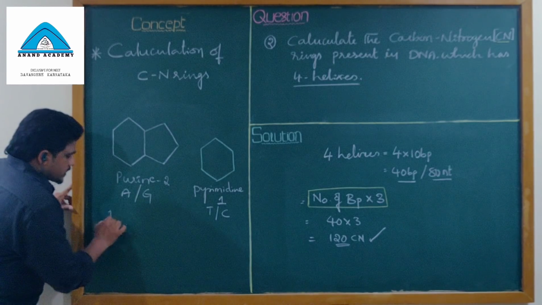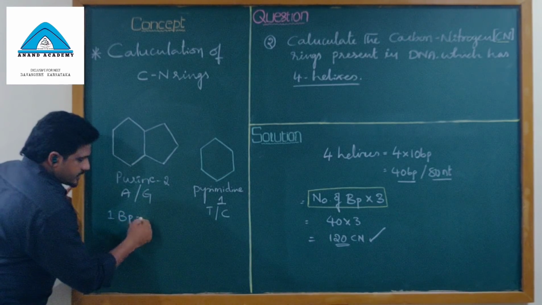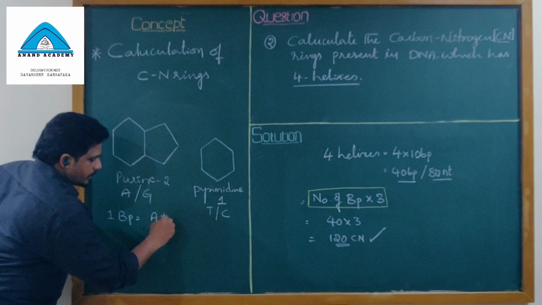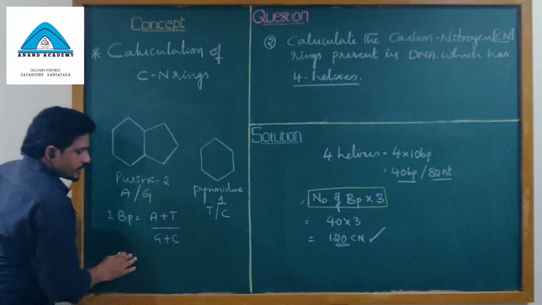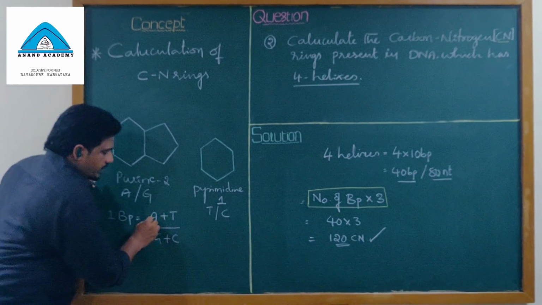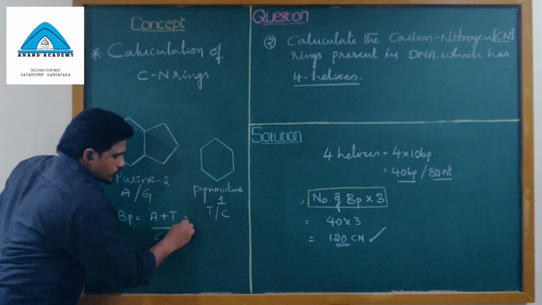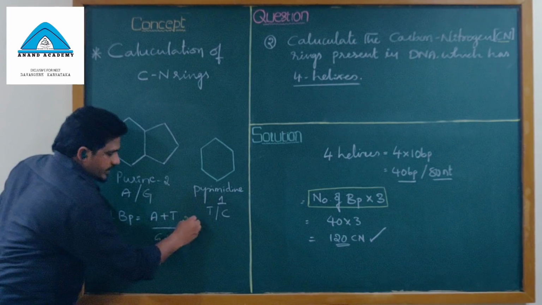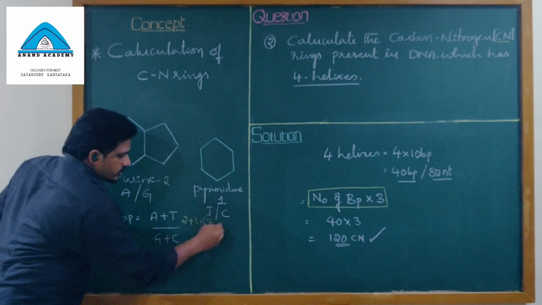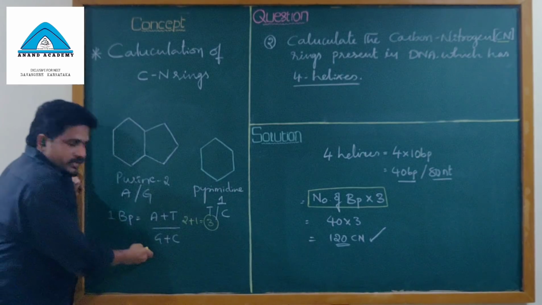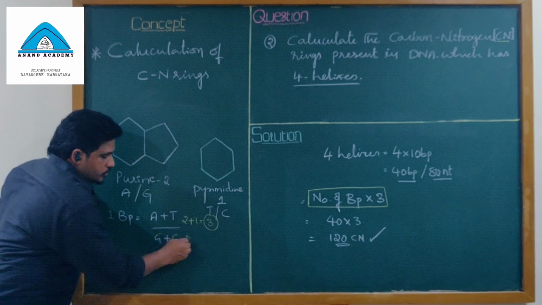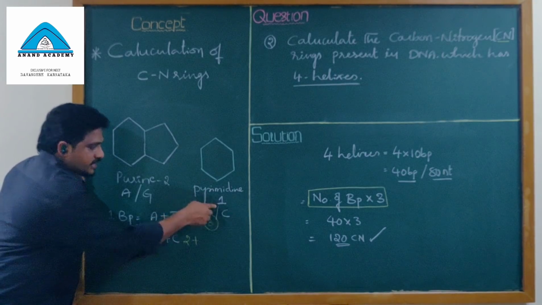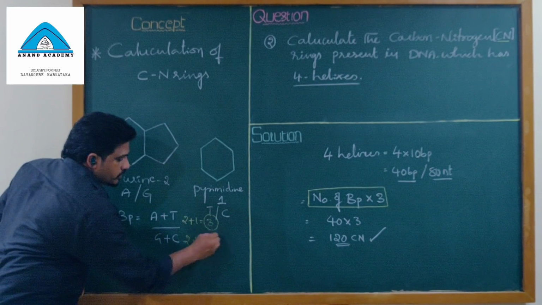So, one base pair, BP, is equal to either A plus T or G plus C. In case of A plus T, how many rings will be there in the A? 2. How many rings in the T? 1. So that is equal to 3. In the other case, the number of CN rings in G is 2 and in C is 1, equal to 3.